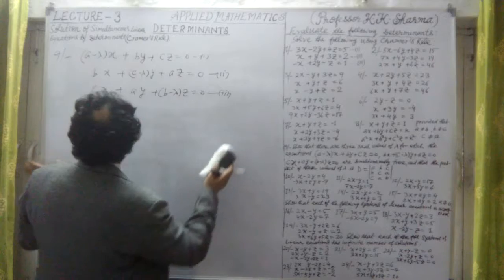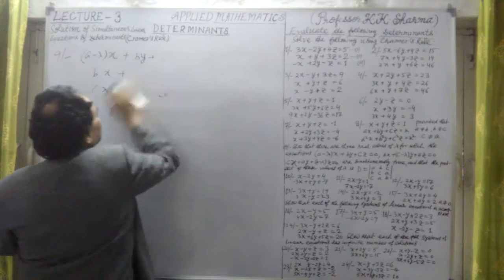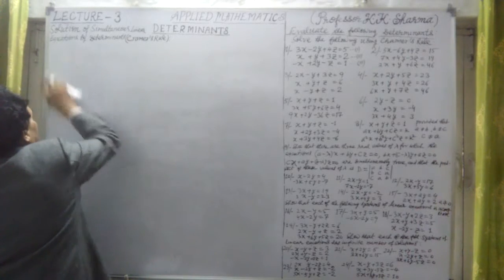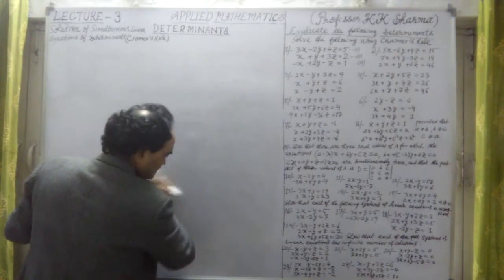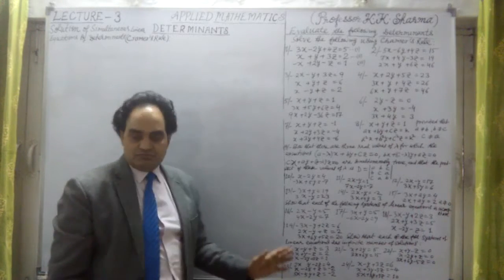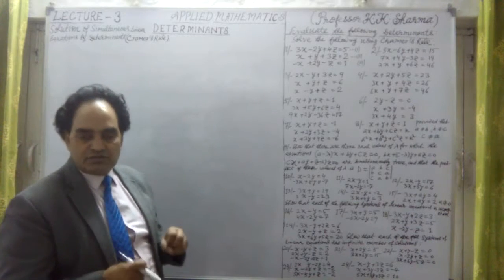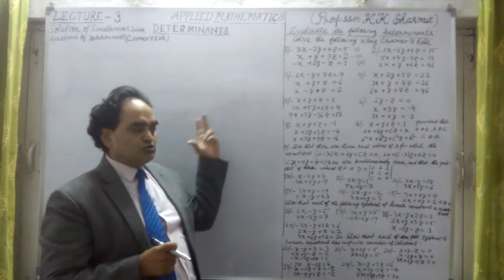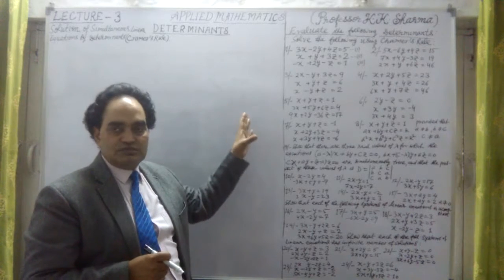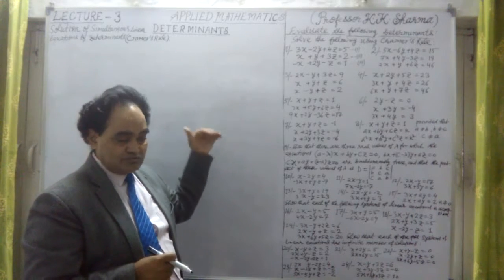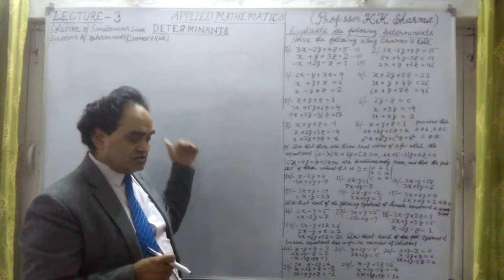Okay, now let us take the 10th question. In case, just understand the point here: whatever the value of d comes initially, the same value of d is coming when we take the two equations in terms of z, I mean the values of x and y in terms of z, and put those values of x and y in the third equation.